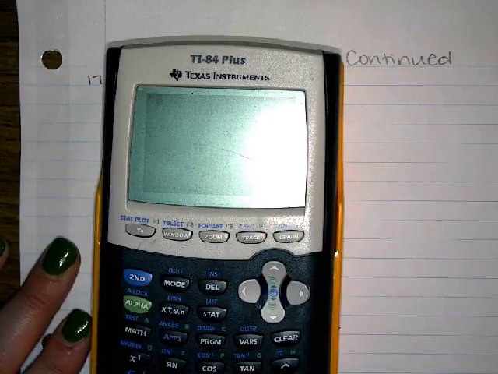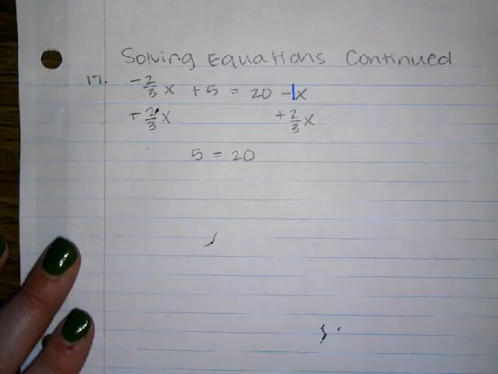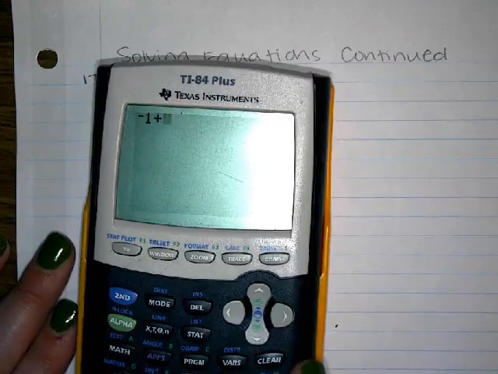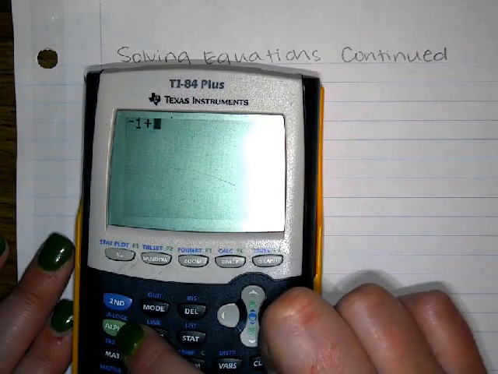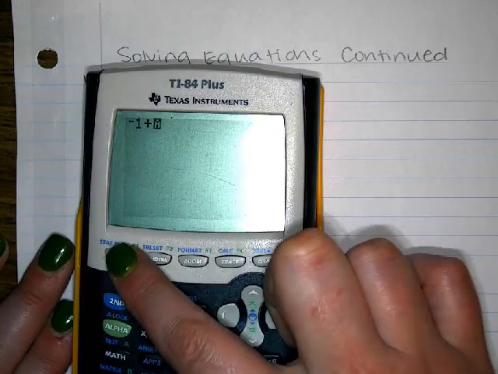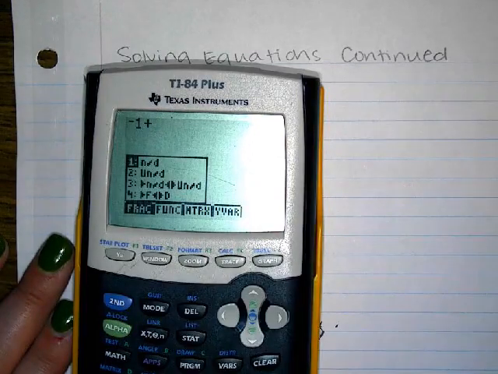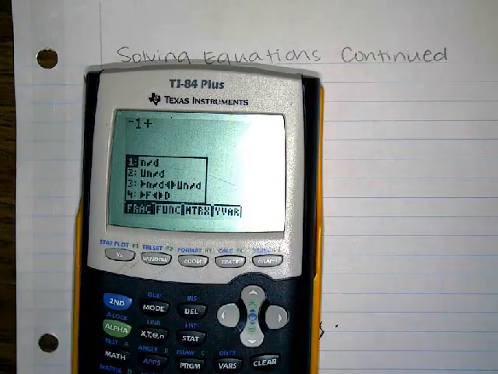So we would do negative 1 plus, and then to type the 2/3, we would hit the alpha button right here. Alpha y equals. Alpha y equals, and I should see everyone doing that, including Daniel and Jameson. Thank you.